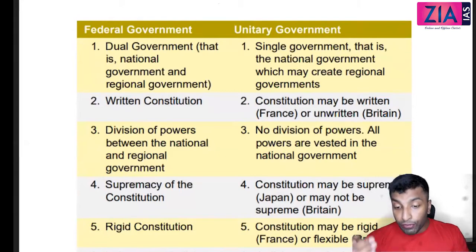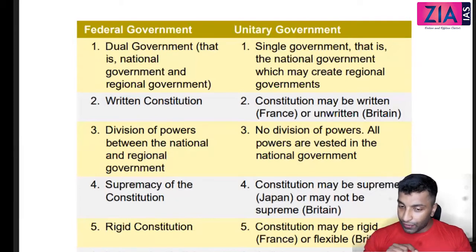Diarchy is again rule of two, but at the same level. Archy means rule, diarchy means rule of two, but at the same level. 1919 diarchy was at the provincial level; in 1935 provincial autonomy was introduced and diarchy was introduced at the central level.